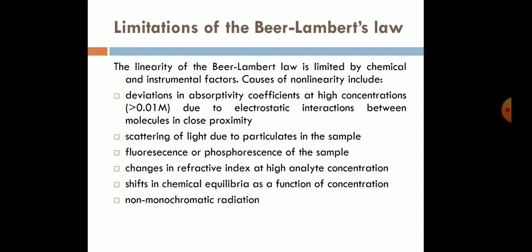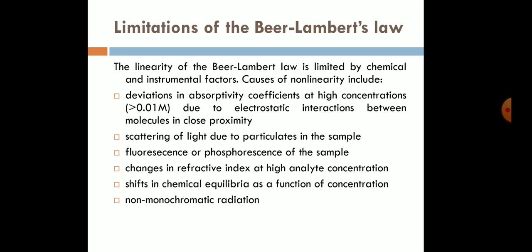Now there are several drawbacks, limitations of Lambert-Beer's law. The linearity of that relationship, absorbance is equal to epsilon Cx, doesn't fit well under certain situations. The linearity is not obeyed in certain situations. And what are those situations?